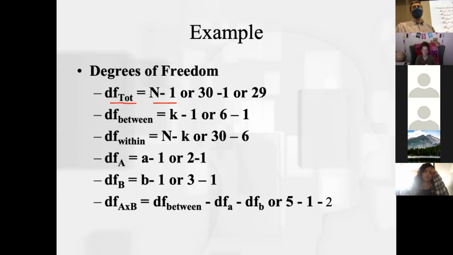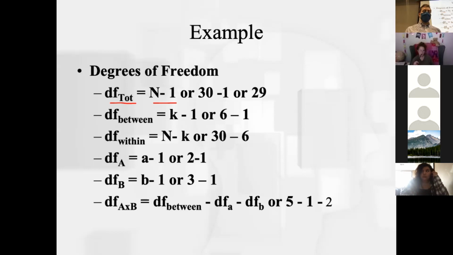Or in this case, 6 minus 1. The degrees of freedom within is going to be big N minus K. Right? And K in this case is going to be the number of cells. So 6, once again, 30 minus 6.